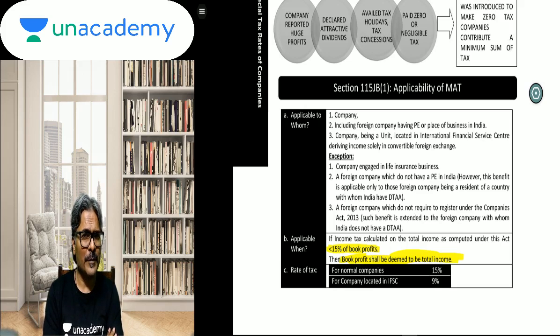The base value will be the net profit as per the books, and against that base value we shall then do the specific adjustments of section 115JB. You'll say, sir, which are those adjustments of 115JB? We'll see. But these would be the specific adjustments of section 115JB, which we shall do on the base value, which is the net profit as per the books of the company. So let's have a look.